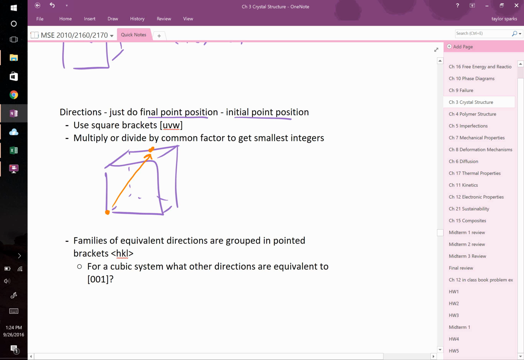You have to pick an origin. Generally, I pick the one in this back left corner over here, so that's (0, 0, 0). And then we've got our x direction, our y direction, and our z direction. So our final point would be what? It's 0 in the x direction because it's on this back side. This is our final point up here, so it's (0, 1/2, 1), right? And then our starting point is what?